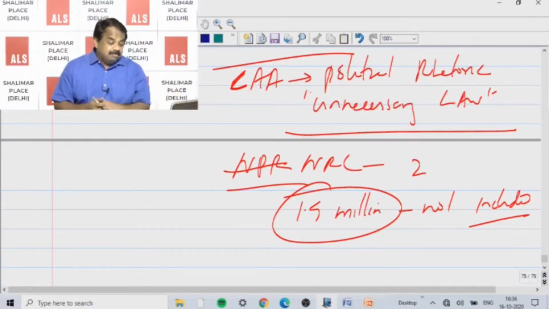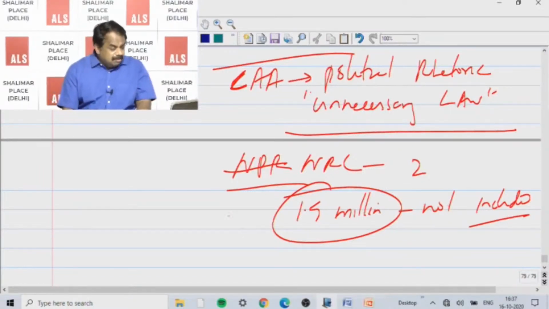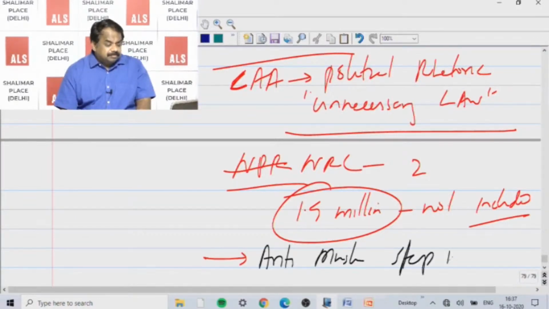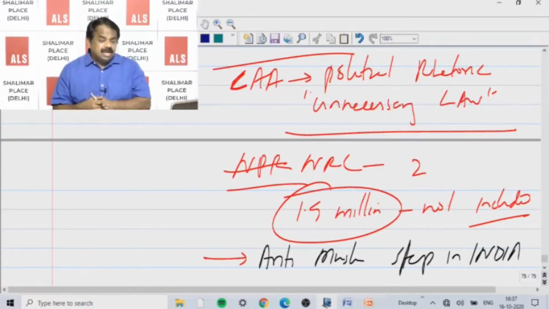So this NRC thing also created ill will. The Citizenship Amendment Act definitely, and any anti-Muslim step in India, even the Ayodhya verdict or any of these things, since Bangladesh is a Muslim majority country, naturally creates that feeling.